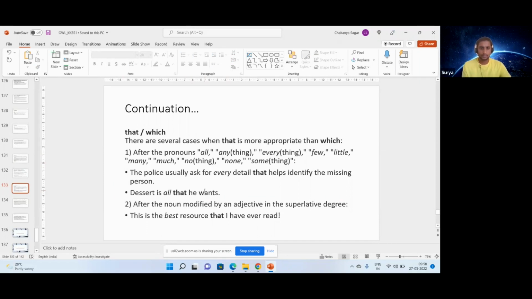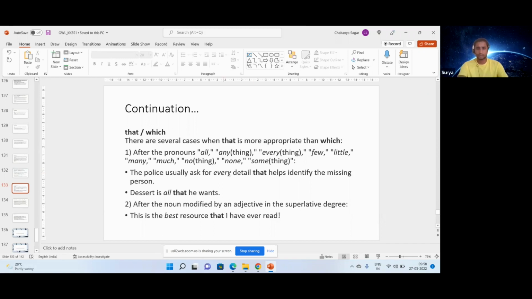If you see here, the police usually ask for every detail that helps identify the missing person. Dessert is all that he wants. If you just put which, as I said, which would usually talk about information that is not very essential, or which is just giving extra information.